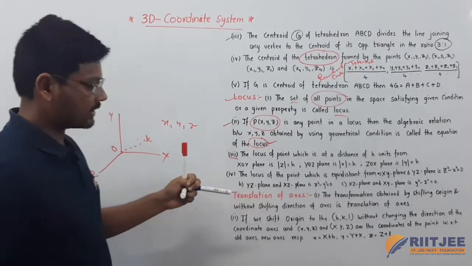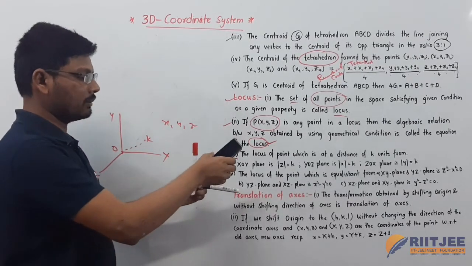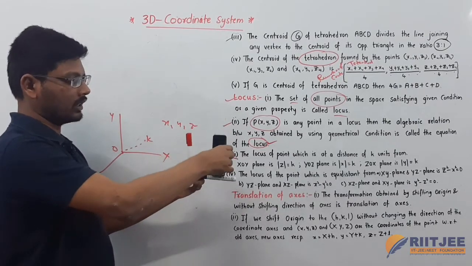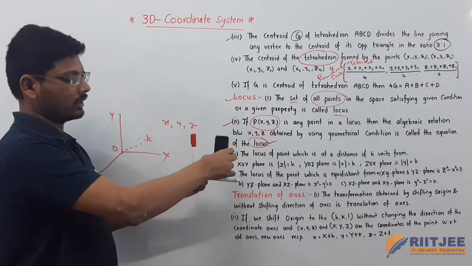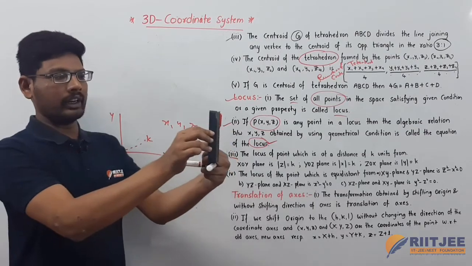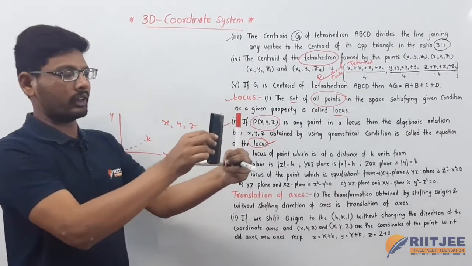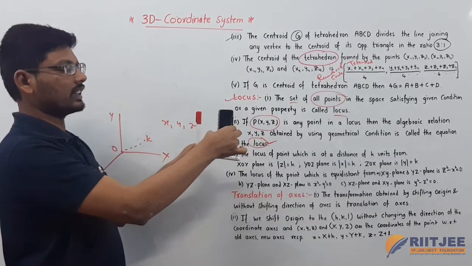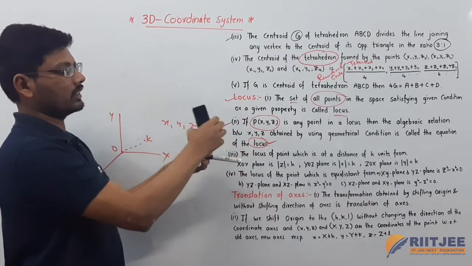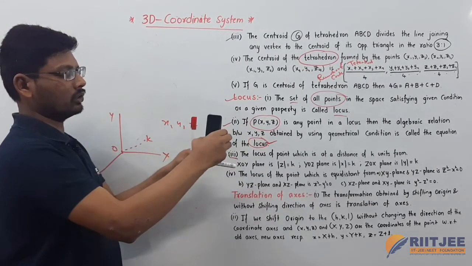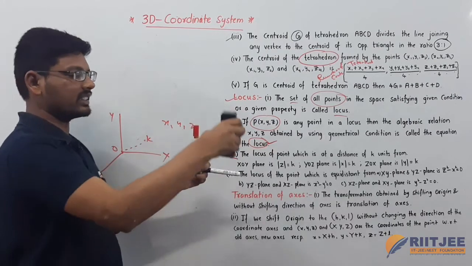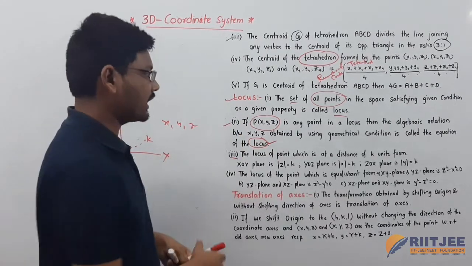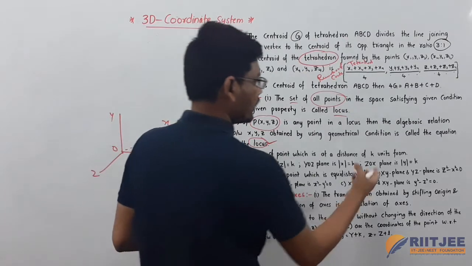If I am taking a duster, it is on the xy plane, so I am moving some distance away from the plane. That distance is nothing but k units.